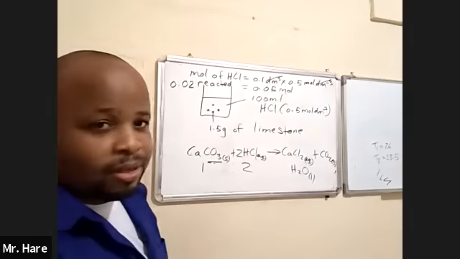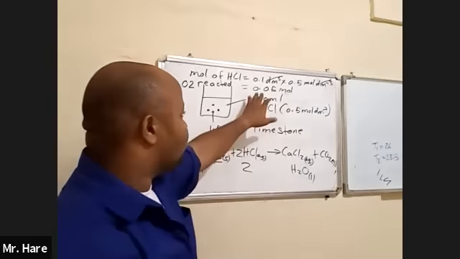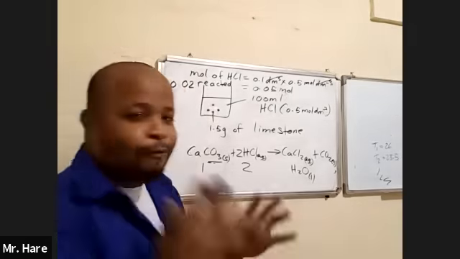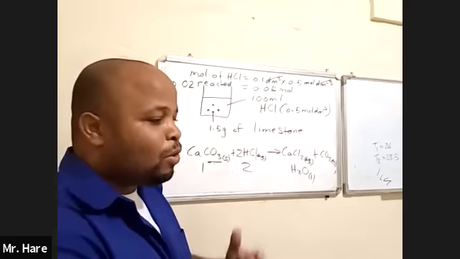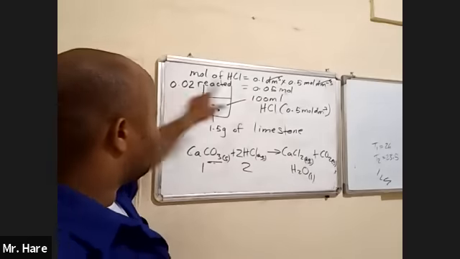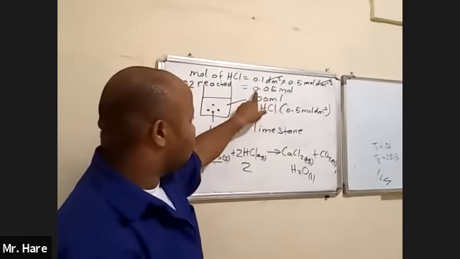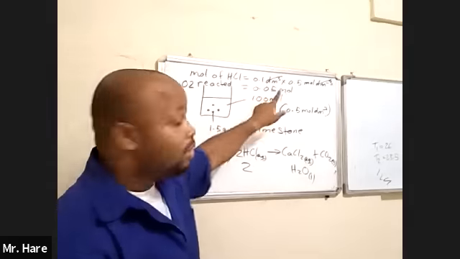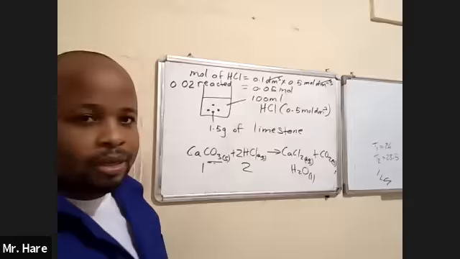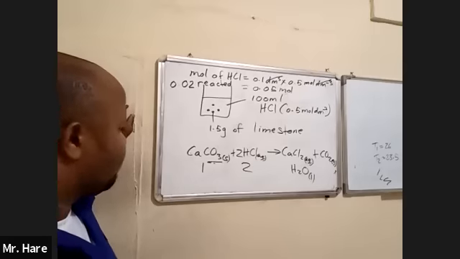Remember, at the start, we don't know how much of the 0.05 actually reacted. But let us say we found a way to figure out how much reacted, and we found out that of the 0.05 moles, 0.02 reacted with the calcium carbonate. What would we then do?